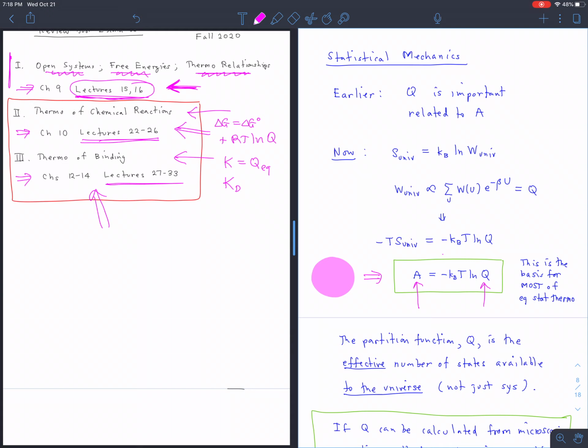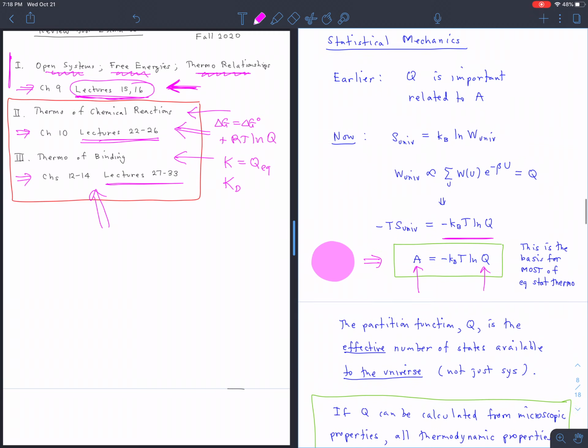This relationship between statistical mechanics and thermodynamics is hard to overemphasize how important it is. It's very widely used, and for that reason, Helmholtz free energy is used more often than you would think.